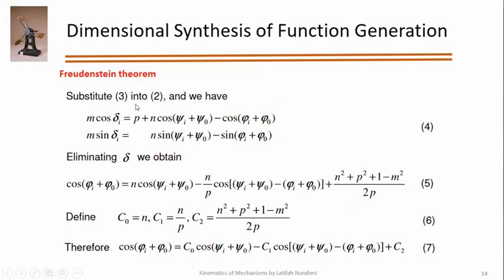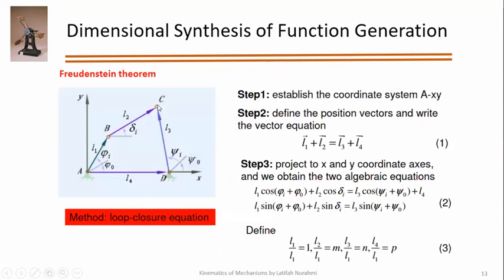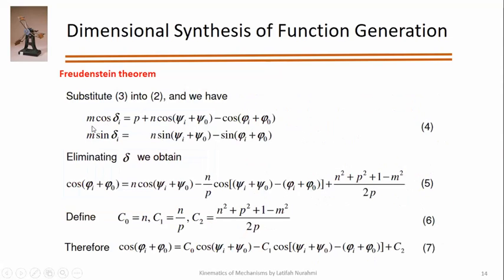So what we are doing, we are substituting 3 into 2. So this 3 we are taking just as we have defined and substituting here in equation number 2. And so then we can write the equation again with some manipulation from left to right side, right to left side.